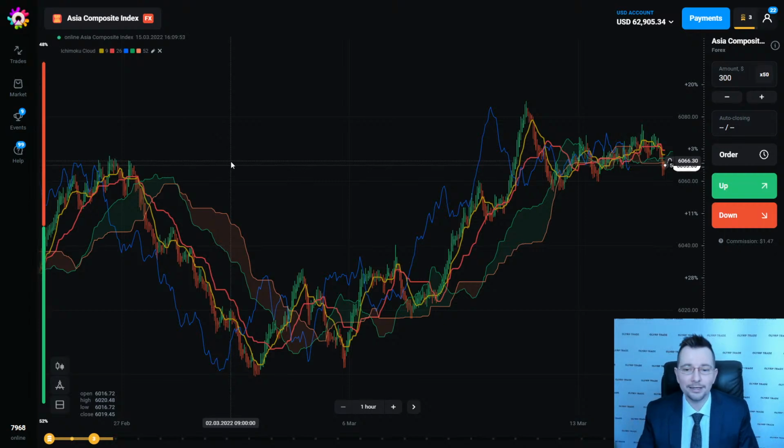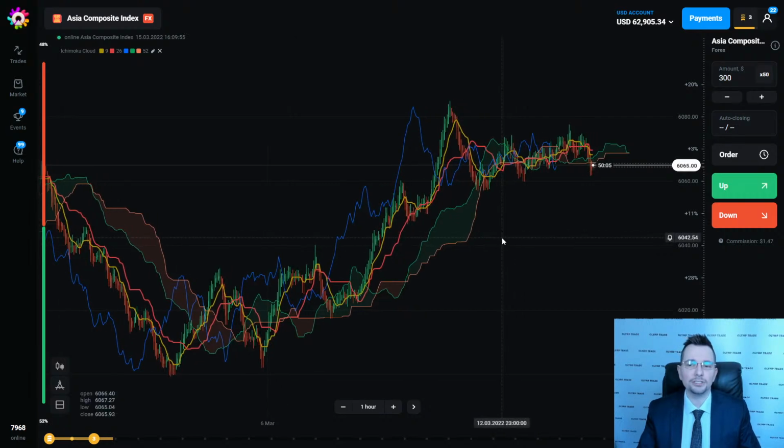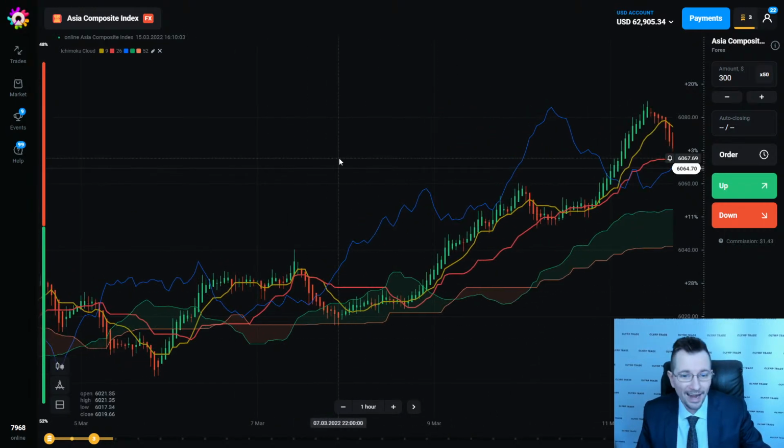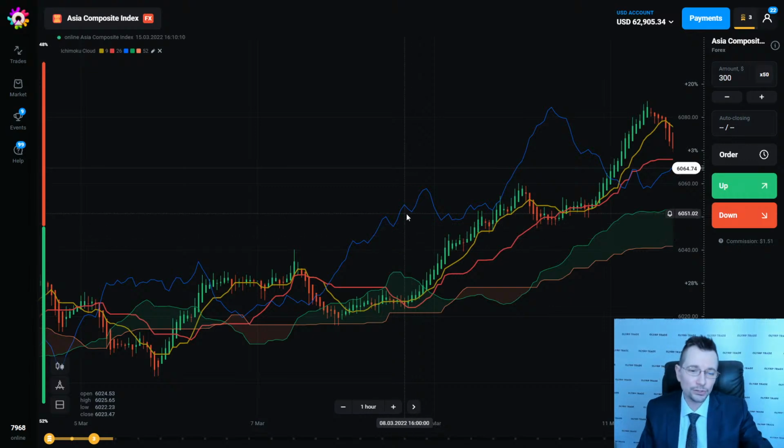So what we have right here is a relatively trending financial instrument. And you want to be trading when we are out of the cloud. This is one of the important things you need to check. When you are writing your trading strategy, the first thing you want to make sure is that we are out of the cloud.